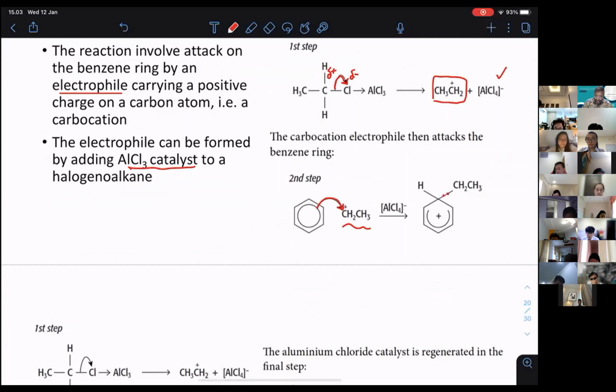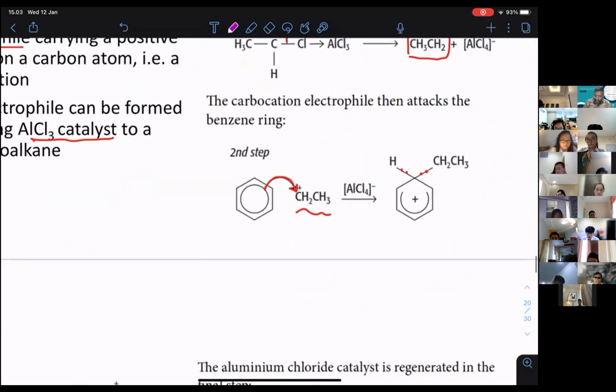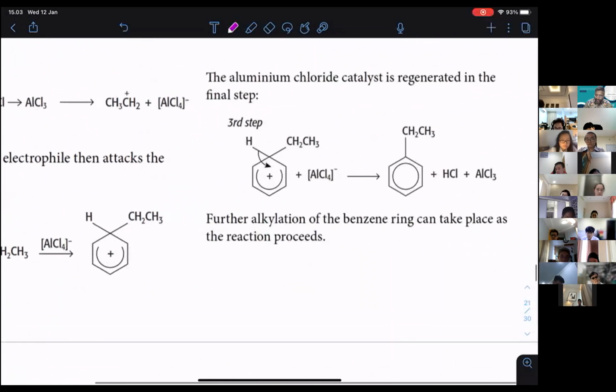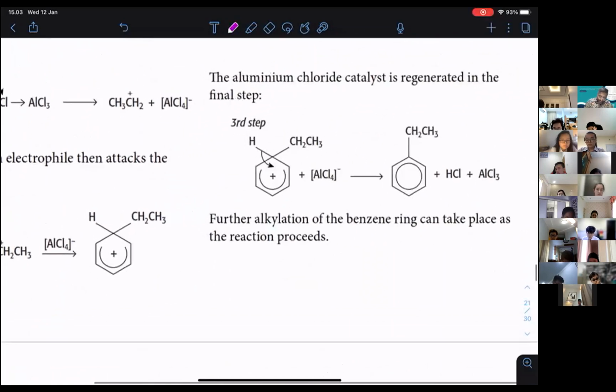Now I want the 2 electrons back, so what happens to them? They will try to restore the ring. In that process, you are going to have the H plus come out.